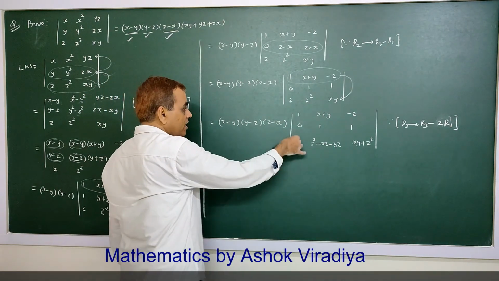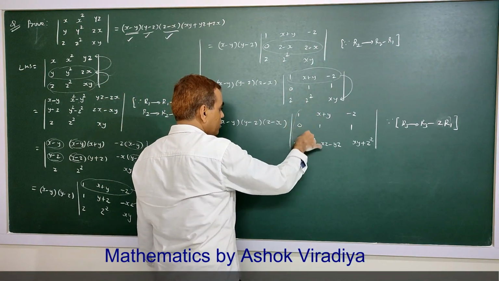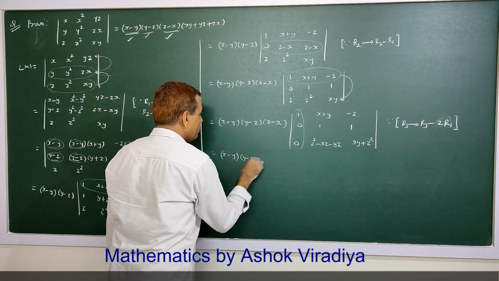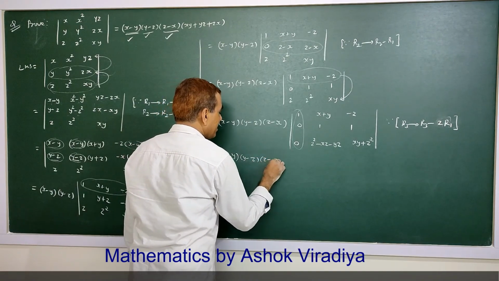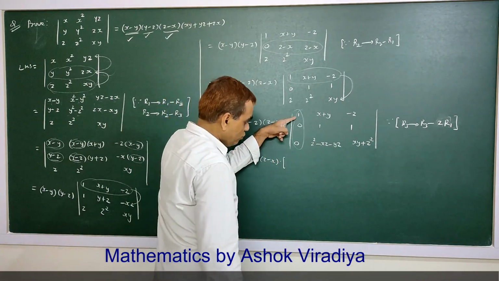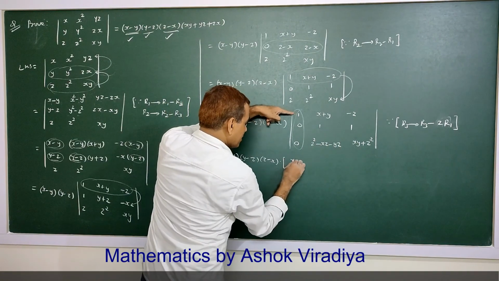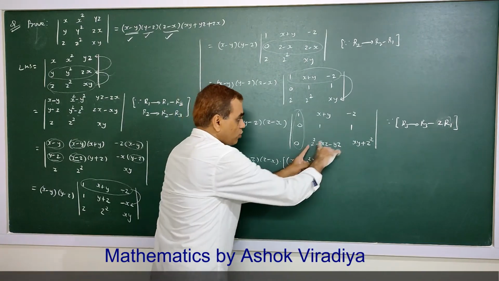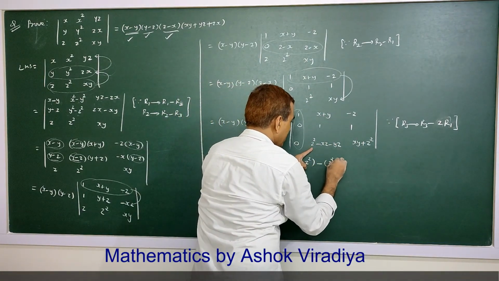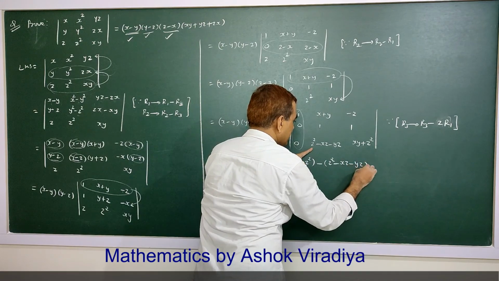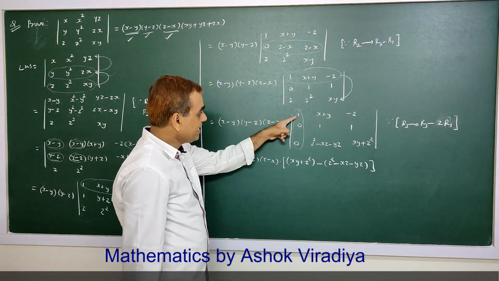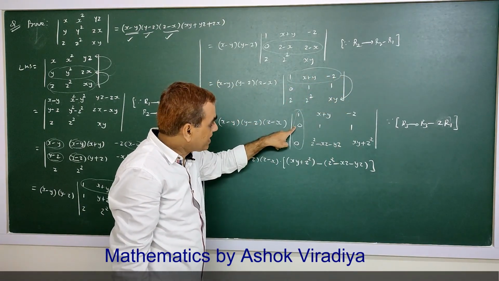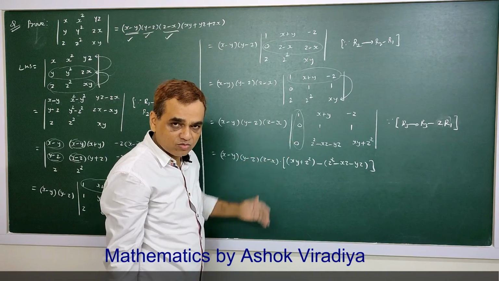Now here, using this column we are getting expansion, x minus y, y minus z, z minus x. See, 1 into product of these two numbers minus product of these two numbers, that is z square minus xz minus yz. Then 0 into anything is 0, 0 into anything is 0.